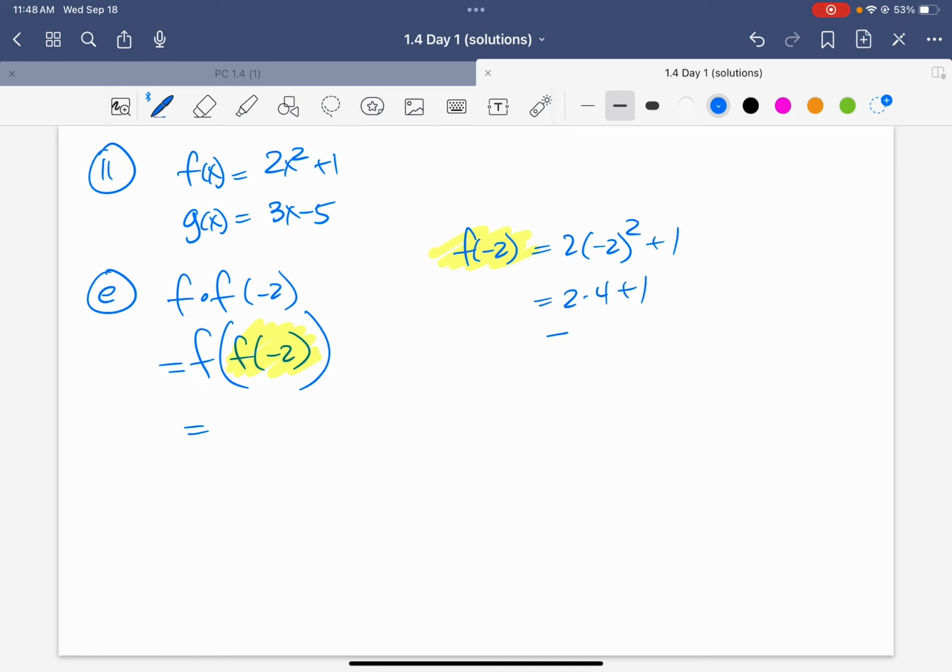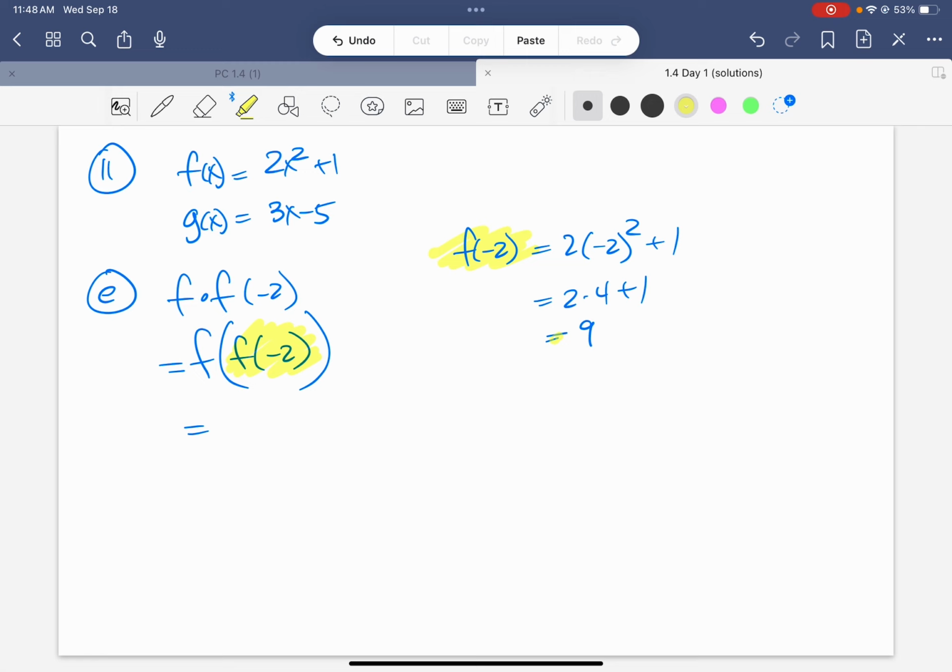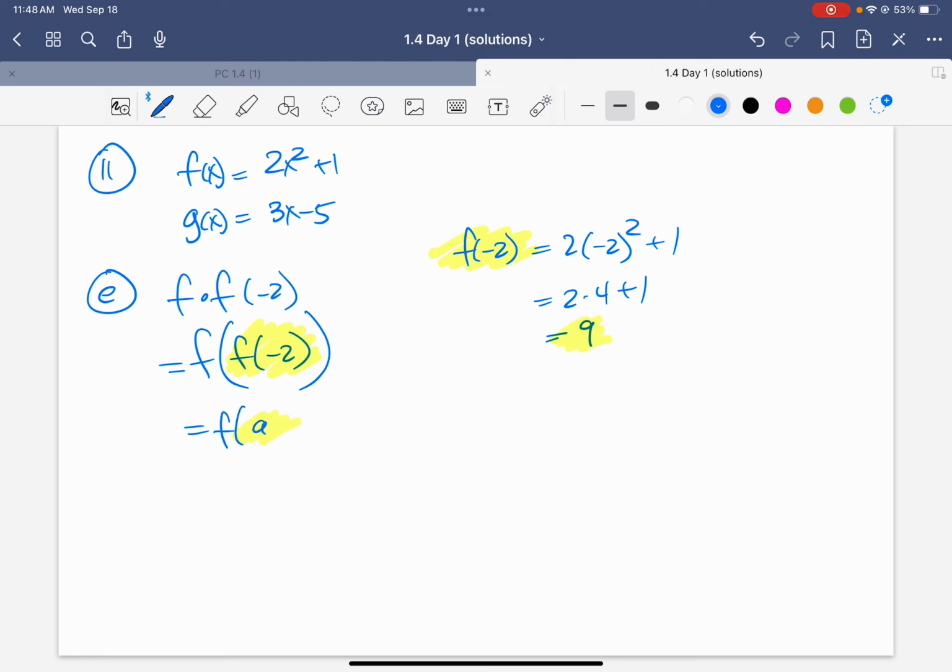You get 2 times 4 plus 1, which is 9. So that means we're really just taking f of 9. But f of 9 is 2 times 9 squared plus 1, is 2 times 81 plus 1, which is 162 plus 1, which is 163.